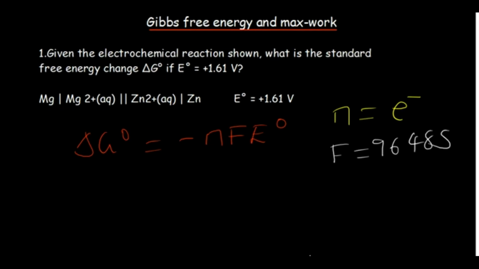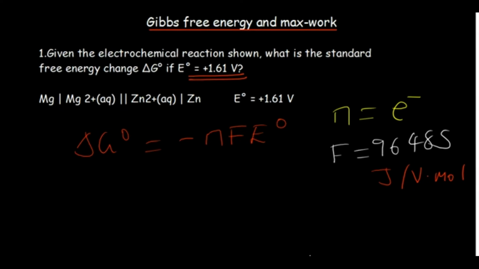We also need to understand that the units for the Faraday's constant are joules per volt mole. Then our standard cell potential, we have already reviewed how we calculate it. Sometimes it may be given, and sometimes we should be able to work it out given the reduction potentials of the half reactions.